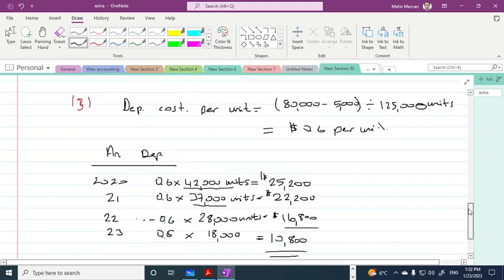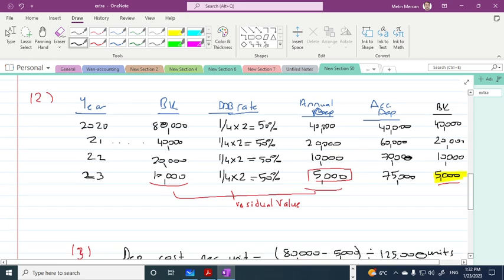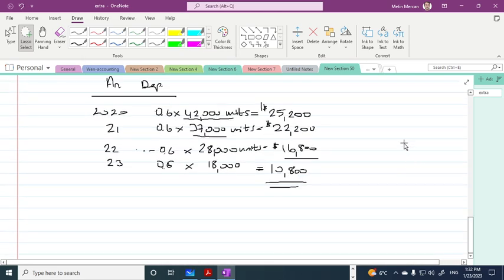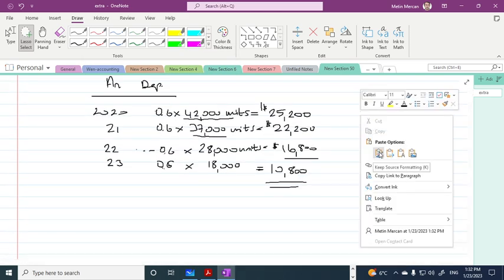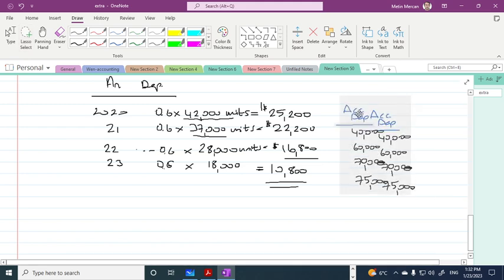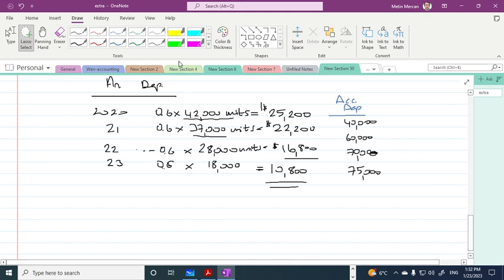So when you compare the depreciation, if I copy this, you see, this is also depreciation expense for each year.